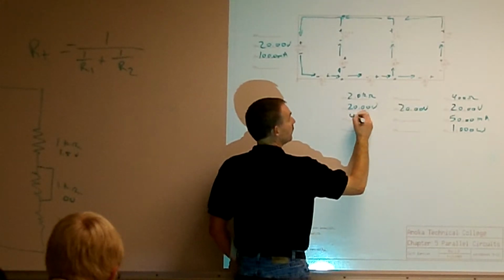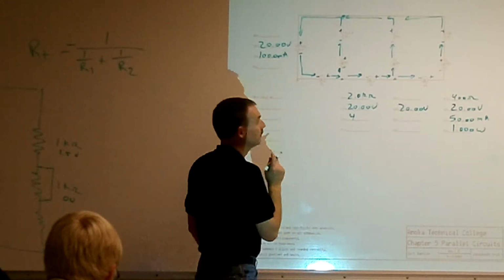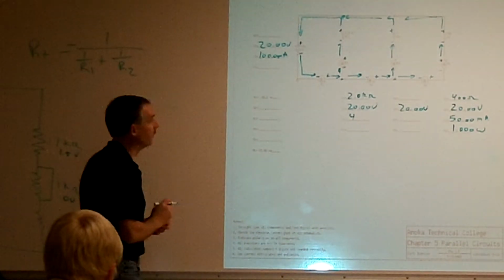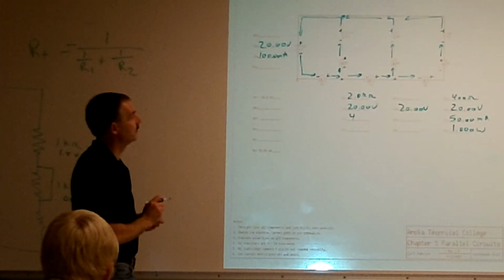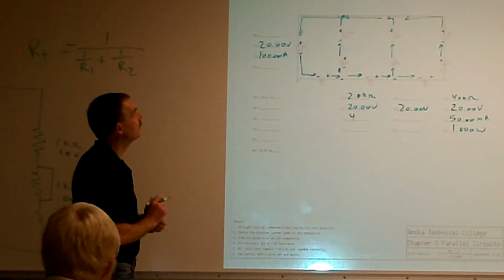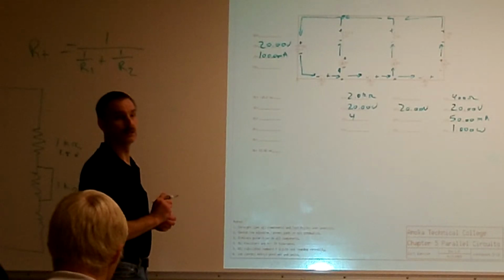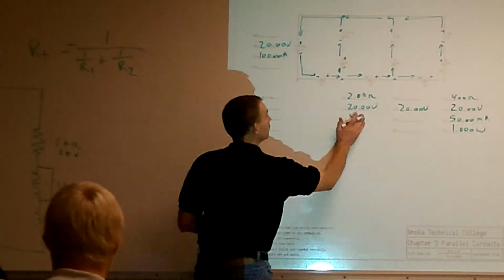40. What's my current going through R1? How much? 10 millivolts?